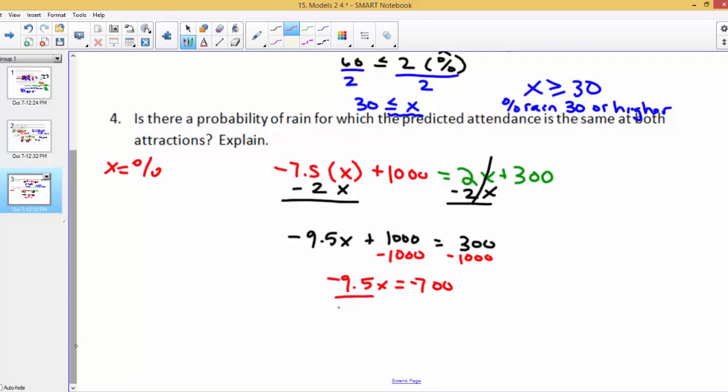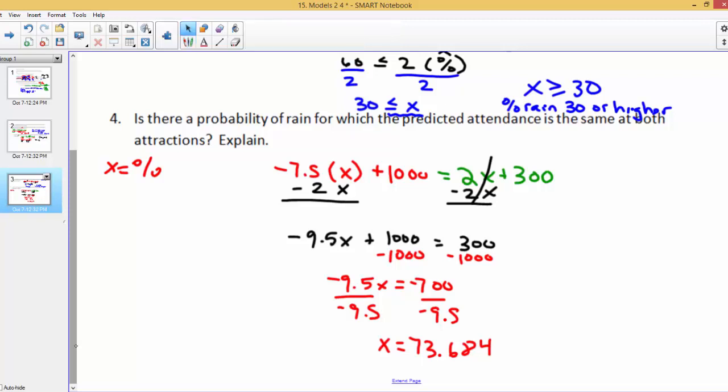And then you're going to divide by negative 9.5 to isolate the x. And then the x, which is the percent, gives you 73.684. So what this means is if the chance of rain is 73.68%, you will get the same number of people in both.